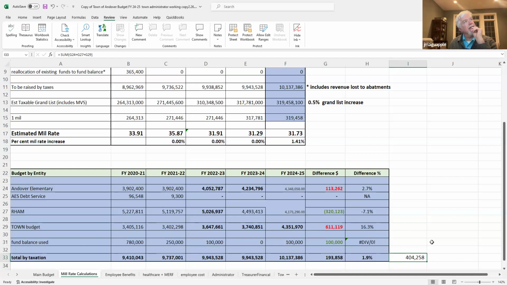But I don't get the differences. And maybe I'm being slow. What is the difference between those two numbers?